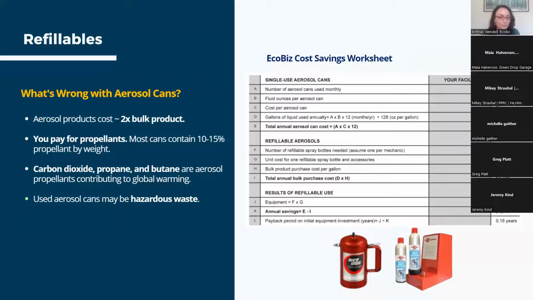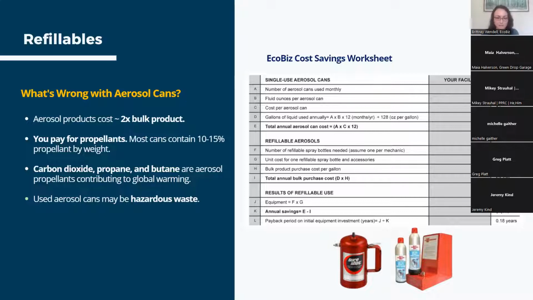So what's so bad with aerosol cans? Number one, ounce for ounce, spray-on products sold in aerosol cans cost roughly twice as much as bulk product. Number two, you are paying for the propellants in each individual aerosol can you purchase.